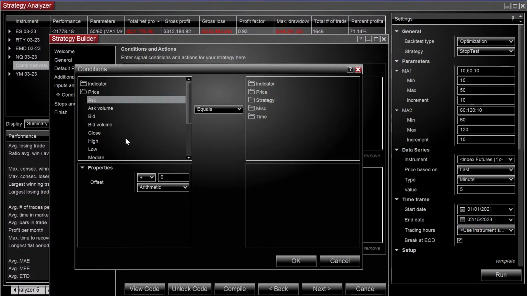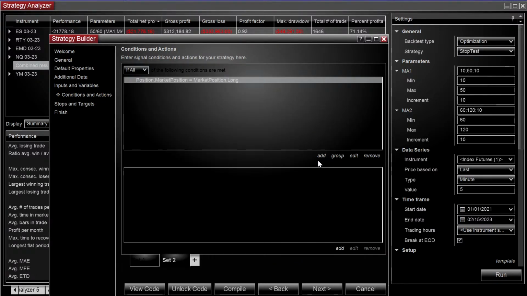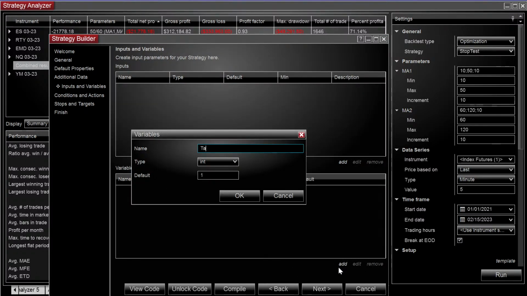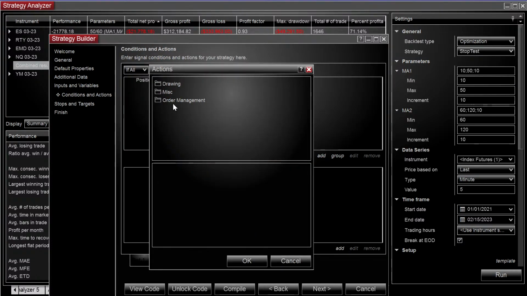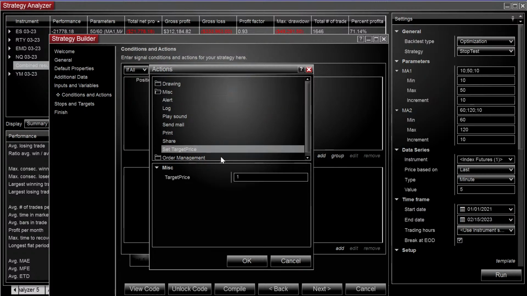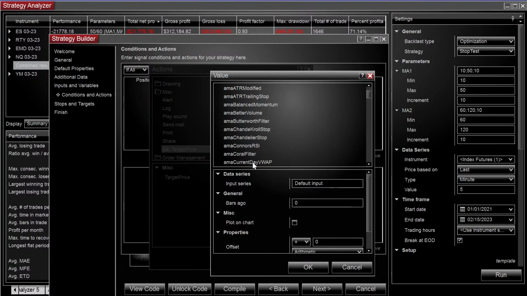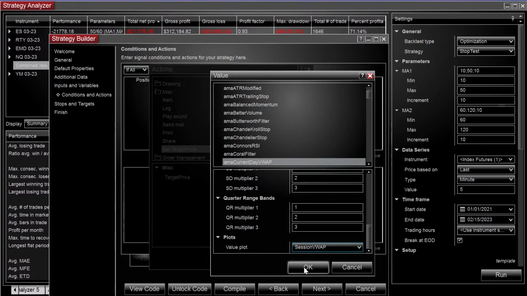Now, whenever we are long, current market position equals long, sets our target price. Set target price as the current day VWAP, session VWAP.